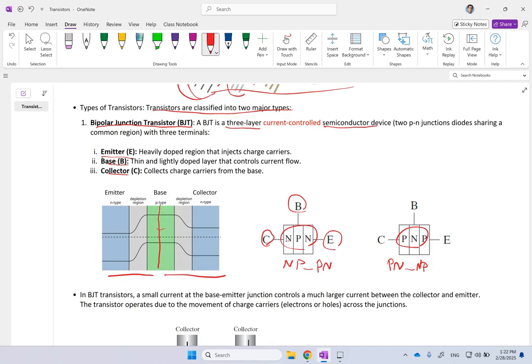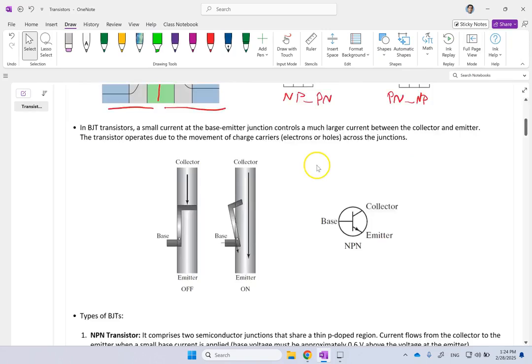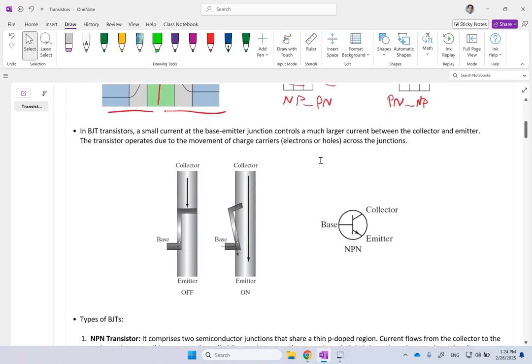Now, the side that you call the emitter is shown here on the left side, and here on the right. So these two are flipped versions of each other. But the emitter is the region that is highly doped, and it can send out a big charge and inject charges. If you look at it like a controlled valve or switch, the emitter is the part that sends you the electric current, a big current, okay?